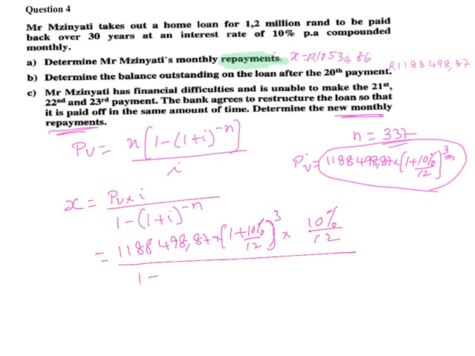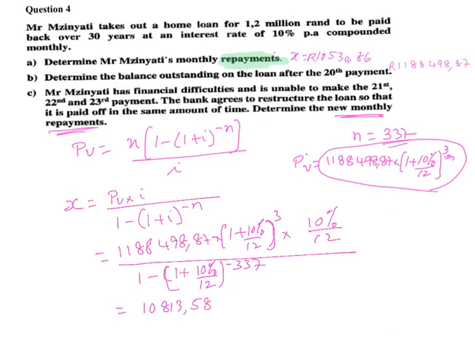And my number of installments will be 337, so (1 plus i) to the power of negative 337. I can put this value in my calculator, and it will show me 10,813.58, rounding up.